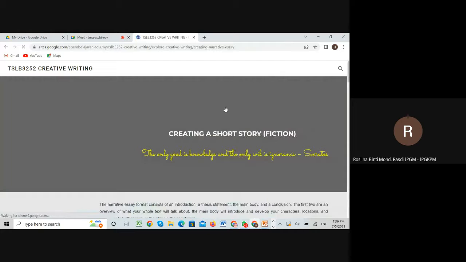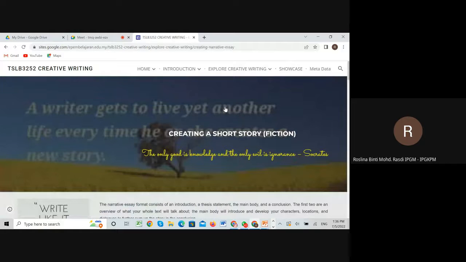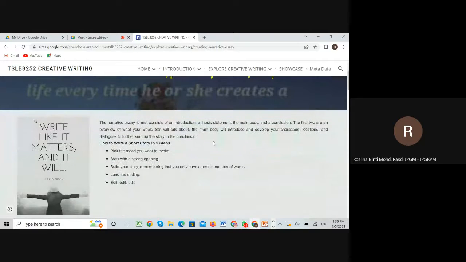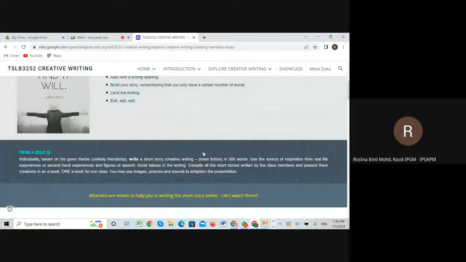Okay, let's move on to the third CLO, which is to create a creative essay. To achieve this CLO, the students are required to write a short story in 500 words individually based on the theme Unlikely Friendship. They may use the source of inspiration from real-life experience or second-hand experience and figures of speech.